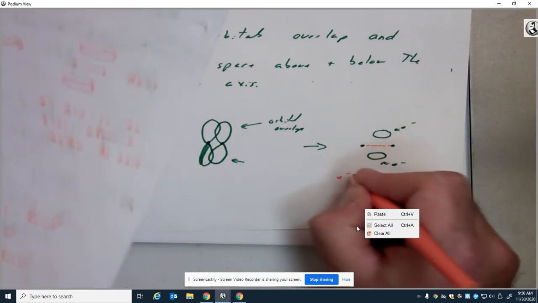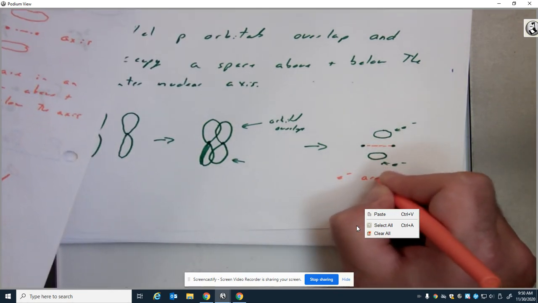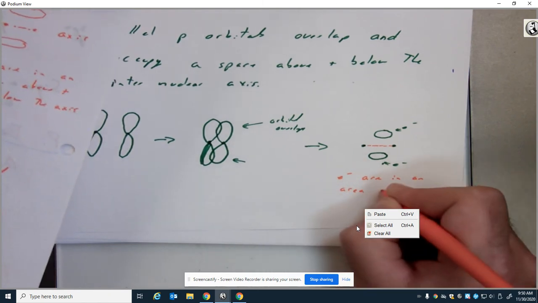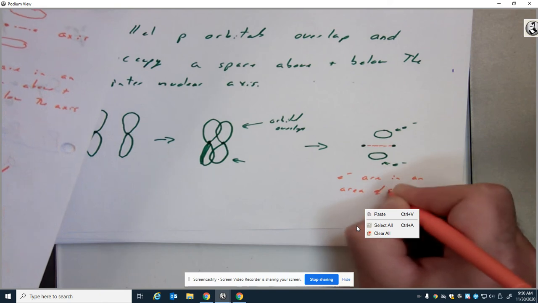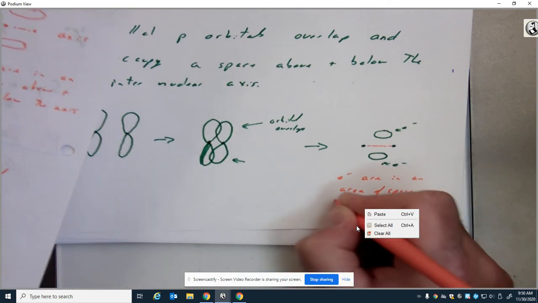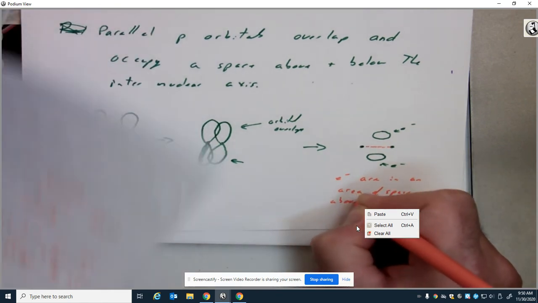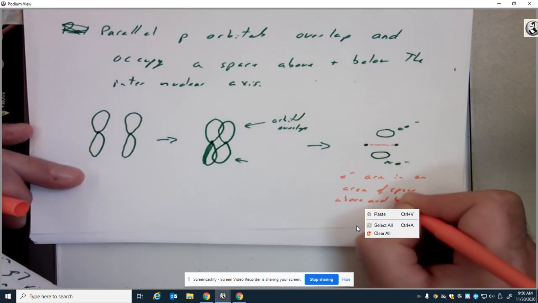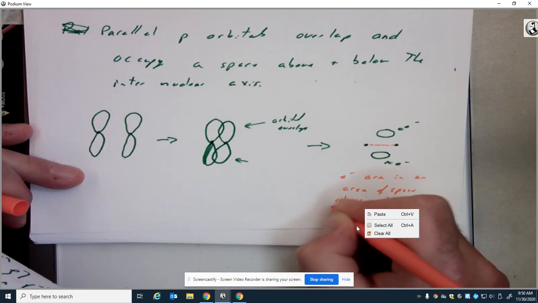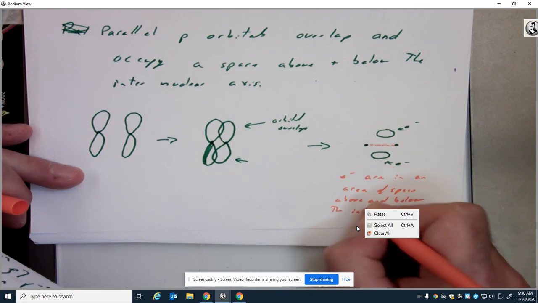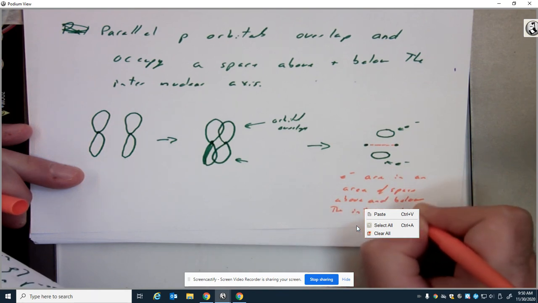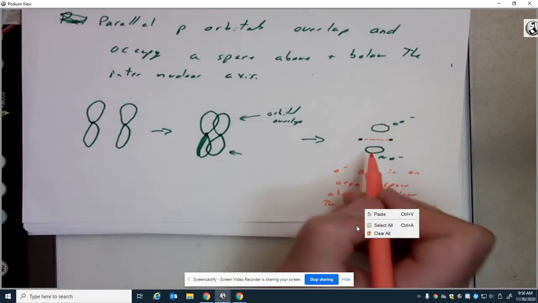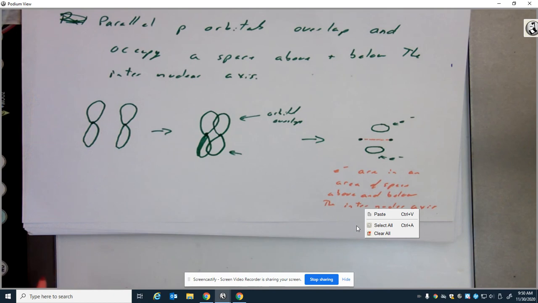Okay, so my electrons are in an area of space above and below the internuclear axis. So this makes it a pi bond.